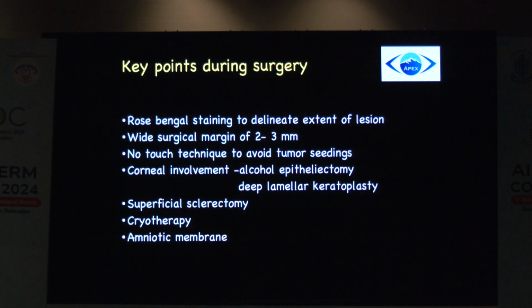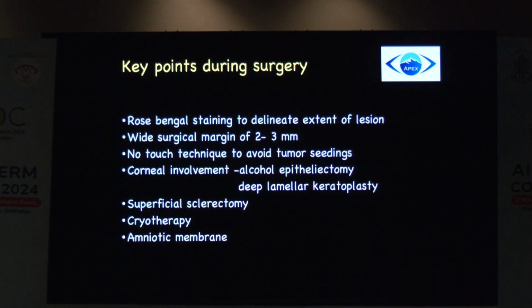So, if at all we plan to have surgical excision, there are certain key points in surgical management that we need to keep in mind. Delineate the extent of the lesion with rose Bengal staining prior to surgery. Take a wide excision, with a wide clinically free margin of around 3 to 4 millimeters, and use the no-touch technique for the surgery.